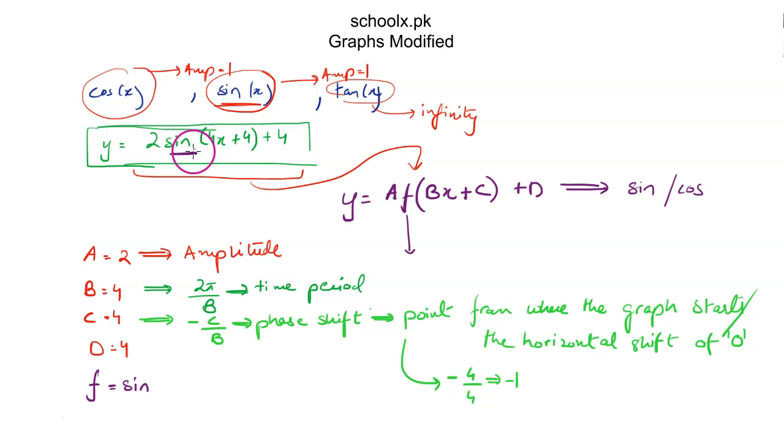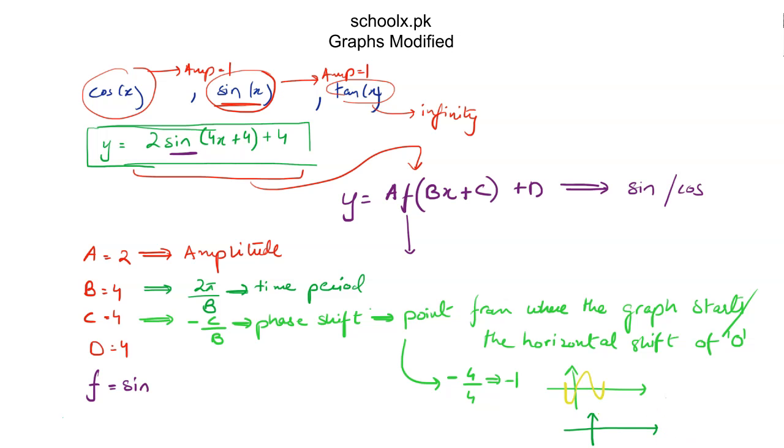Now the graph is of sine, so normally the graph of sine is like this. But when it has a phase shift of -1, the graph will be shifted 1 unit to the left-hand side.